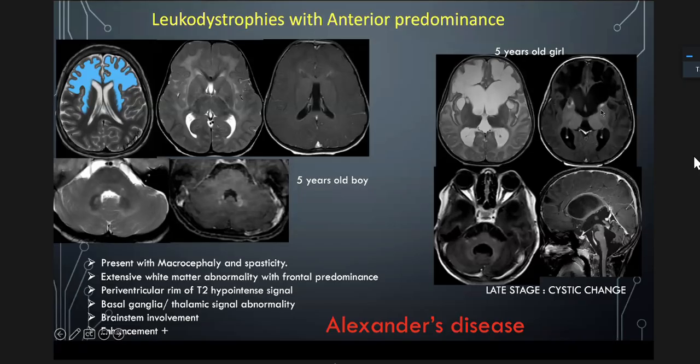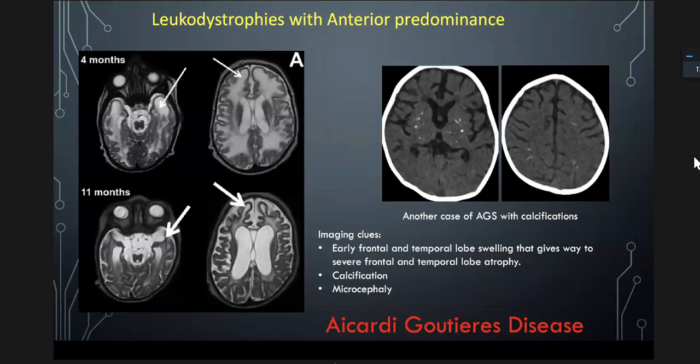There are multiple enhancing areas seen around the cystic areas, and also notice there is severe atrophy of the brainstem, the cerebellum, and multiple areas of enhancement in the brainstem also. In the later stage, it is very difficult to identify, but this is also a genetically proven Alexander's disease. Now, another disease with frontal predominance is Aicardi-Goutières syndrome.